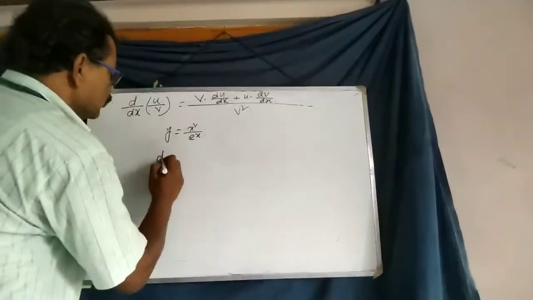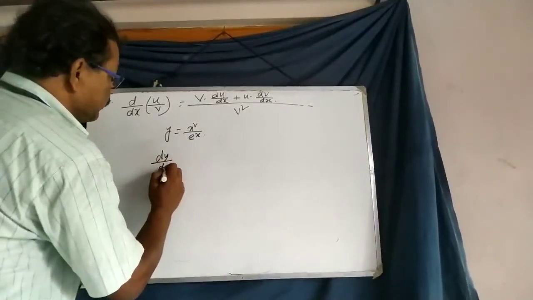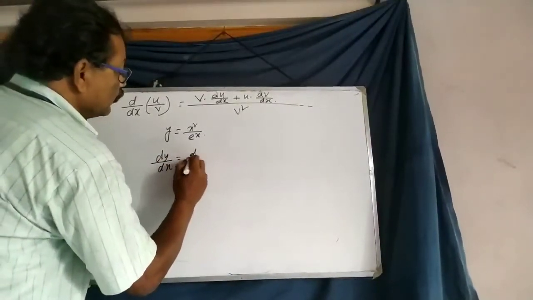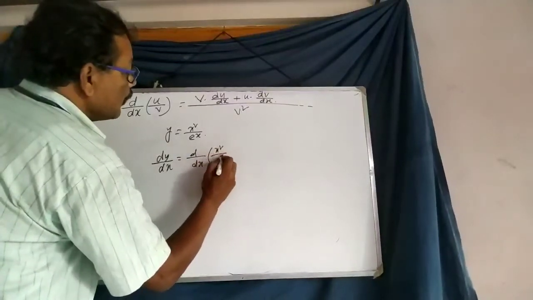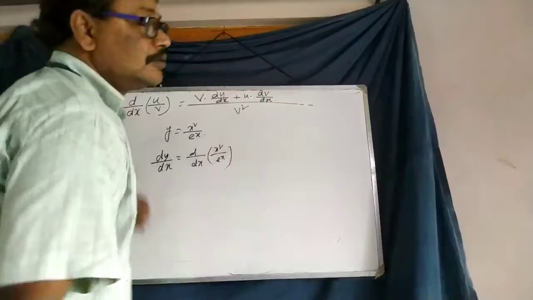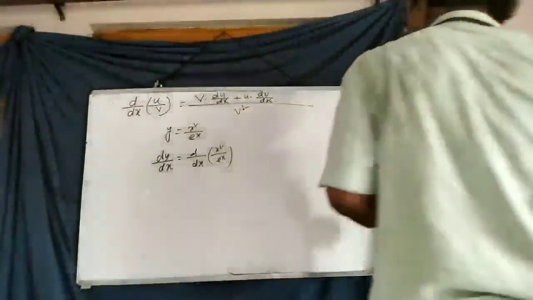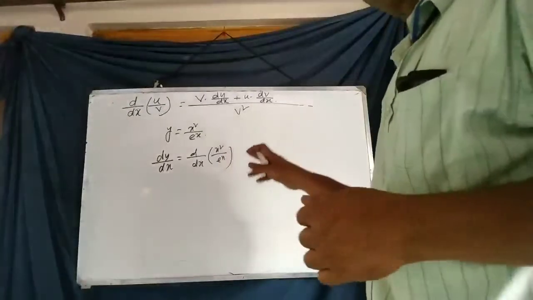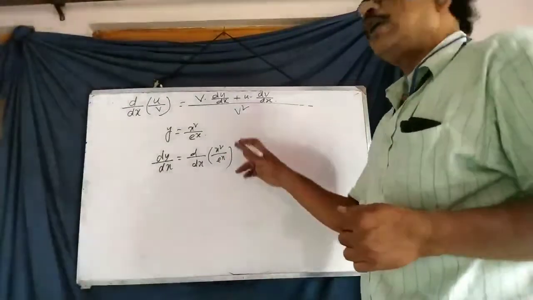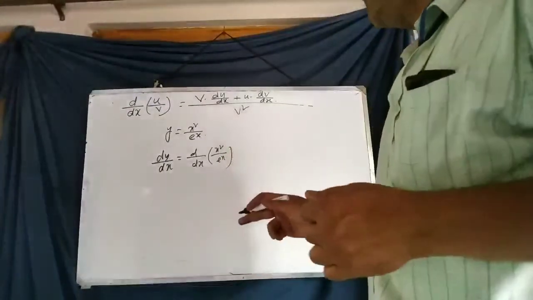Now differentiating both sides, we will get dy/dx at left and d/dx of x square by e to the power x at right. In our given function, e to the power x plays the role of denominator and x square plays the role of numerator.